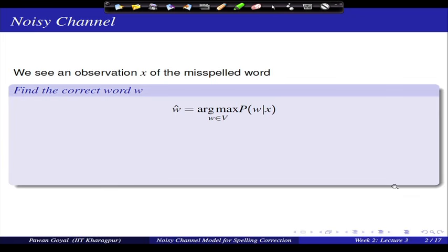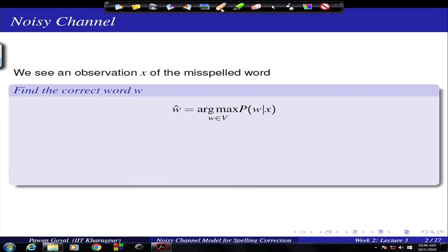Now, what is my noisy channel model? If you think of the model name, what is happening? You have an observation X, that is a word that is misspelled, and you want to correct it. That is your observation. But what is the idea of this model?